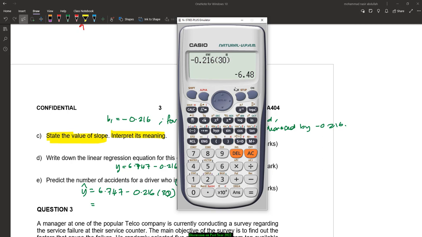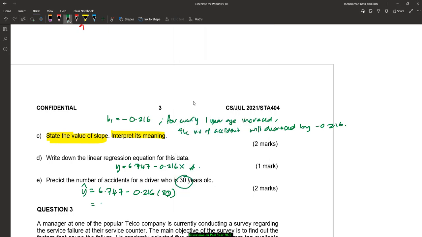I put the equation properly, 6.747 minus, and put brackets around it. So this multiply, equal to 0.267.